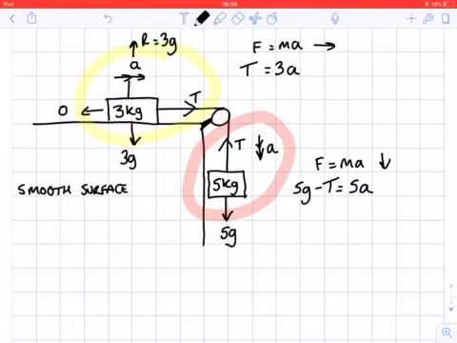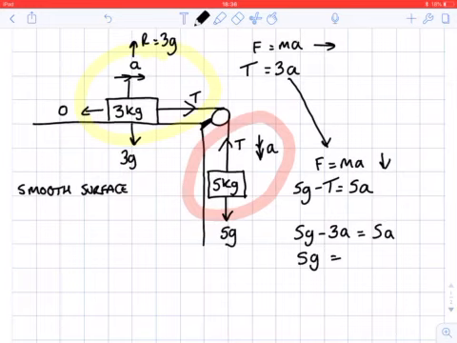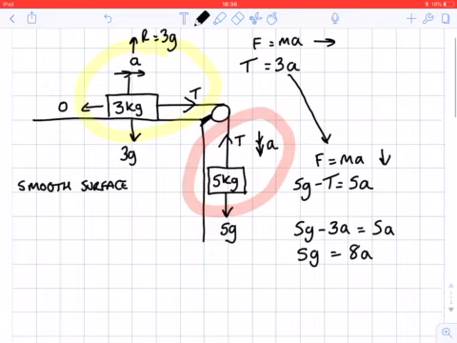Now, this is surprisingly easier than the example we've just looked at, because immediately we know that tension is equal to 3 lots of acceleration. So I can take that and substitute it directly into the second equation. So I'm going to end up with 5g minus 3a is equal to 5a. So in this case, 5g is equal to 8 times acceleration.